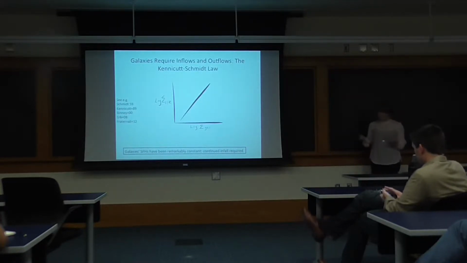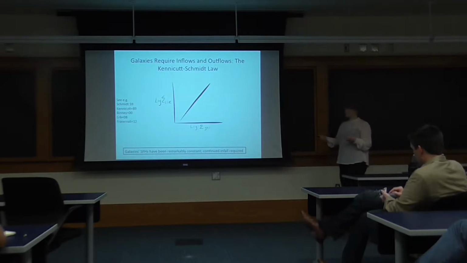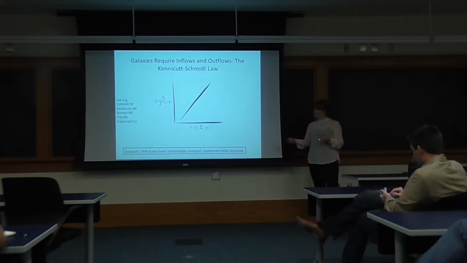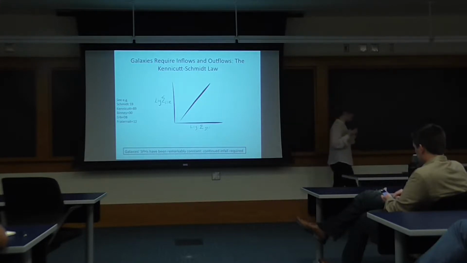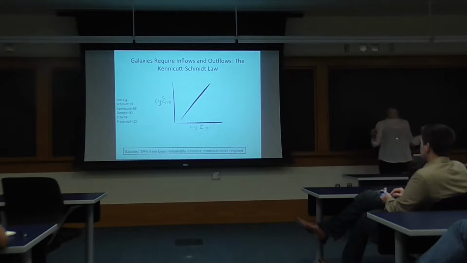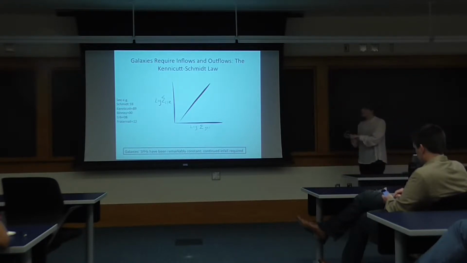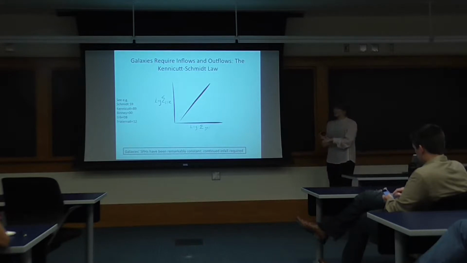The relationship between the surface density of star formation in a galaxy and the surface density of gas in a galaxy is well known to obey a power law. Again, it extends over many orders of magnitude, over 3 decades in stellar mass. It holds for quiescent disks to star-bursting galaxies.